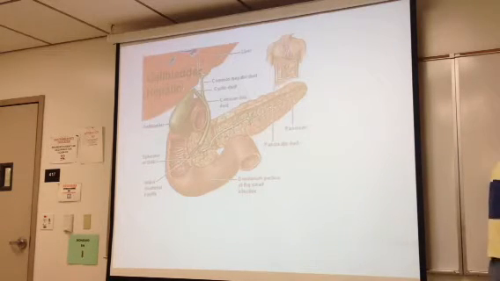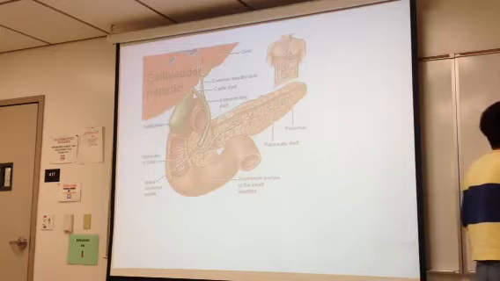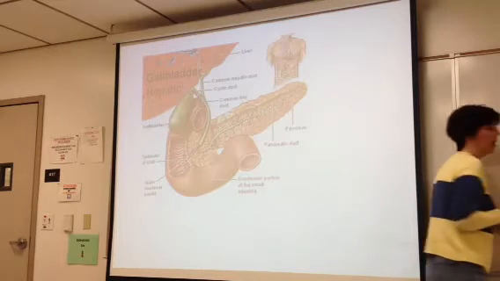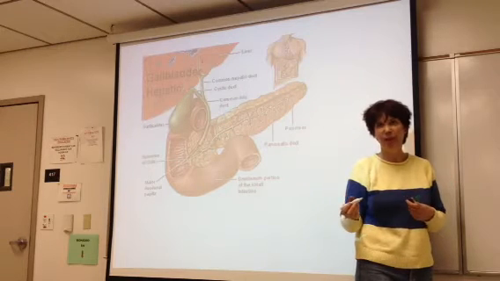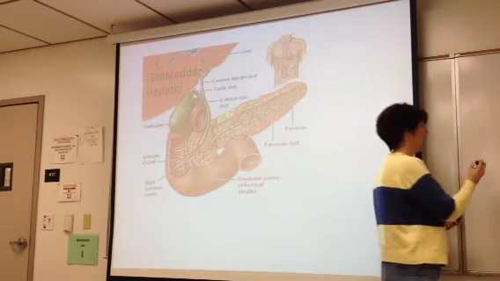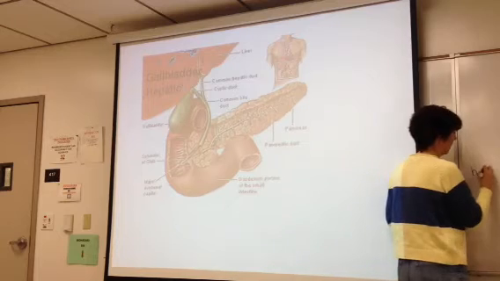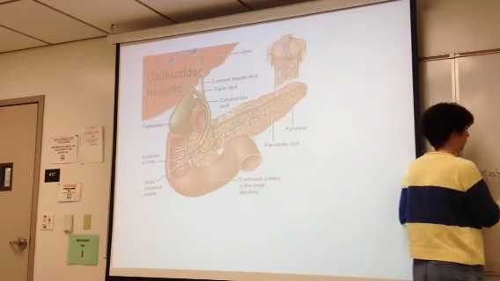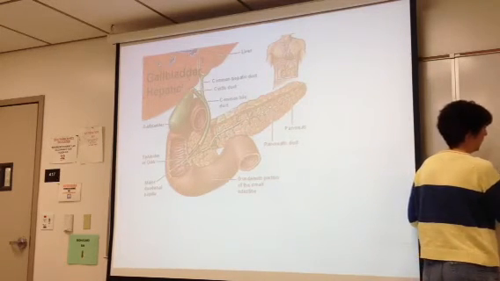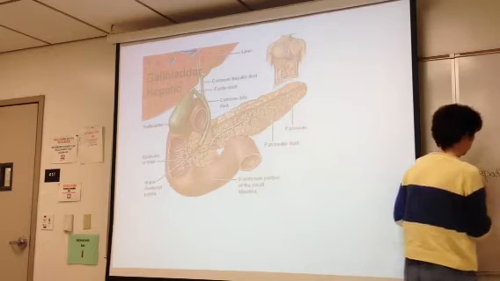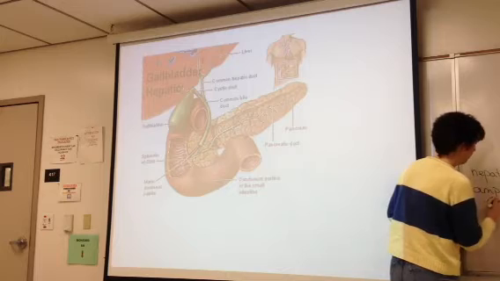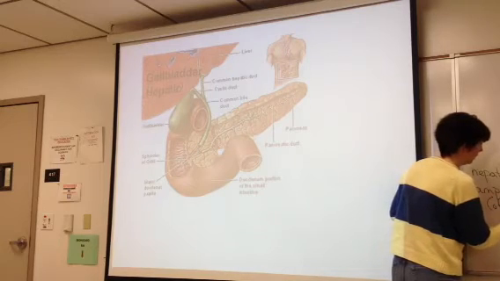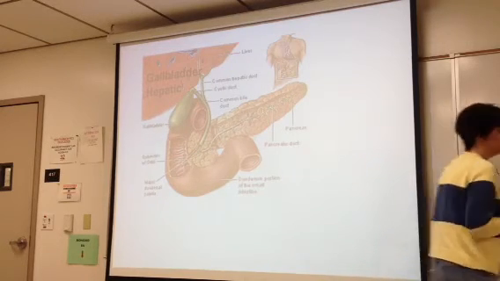And where it joins with the pancreatic duct is identified as, it's a long word, the hepatopancreatic ampulla, or ampulla of Vater is the older name which you may prefer. An ampulla is just a dilation, like an ampule, or the ampulla of Vater.